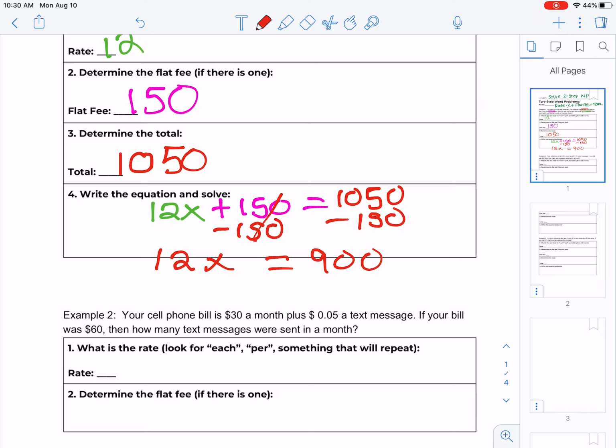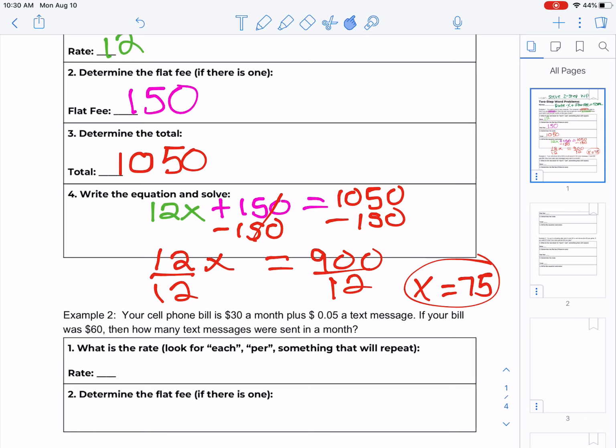Last but not least, to get rid of a multiply by 12, we are going to divide by 12 on both sides. Plug 900 divided by 12 into a calculator and you'll get 75. So the final answer is that it costs $75 per month.